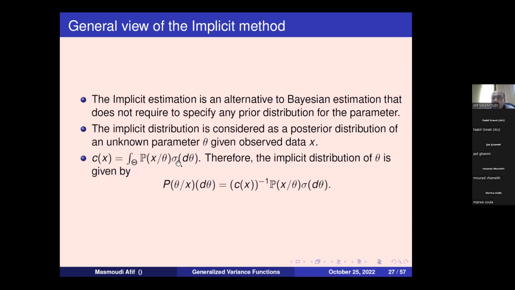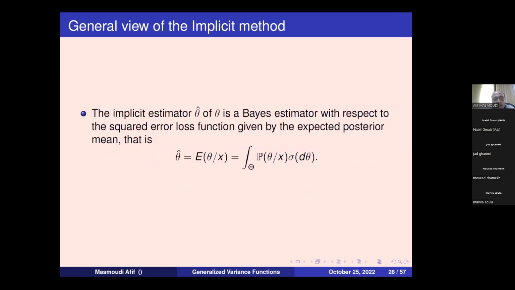If theta is the union of discrete sets, we take sigma the sum of the counting measure and the Lebesgue measure. So the implicit estimator theta hat is a Bayes estimator with respect to the square error loss function, given by the expected posterior mean.